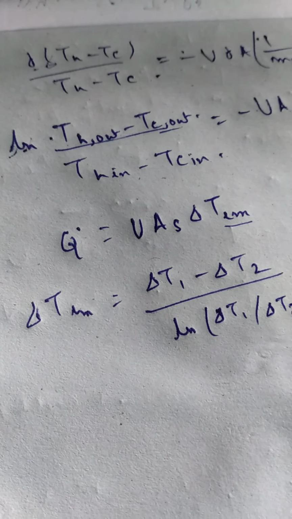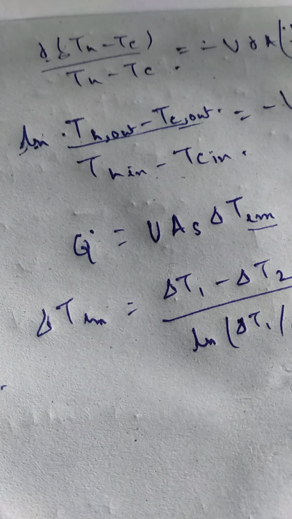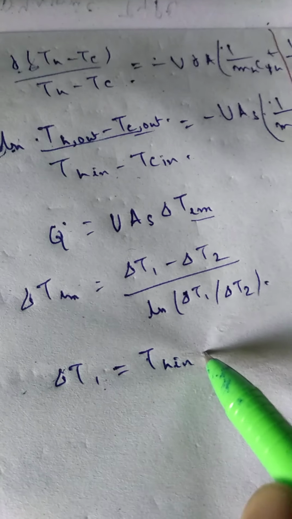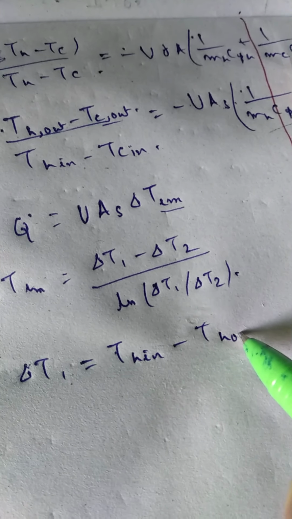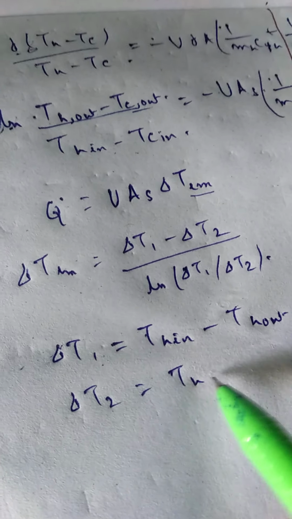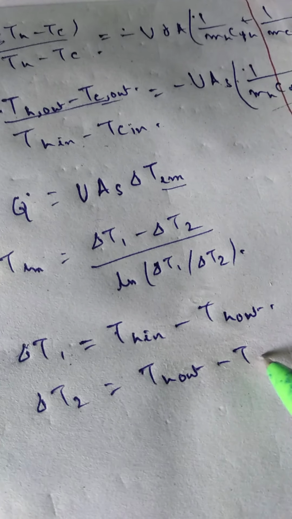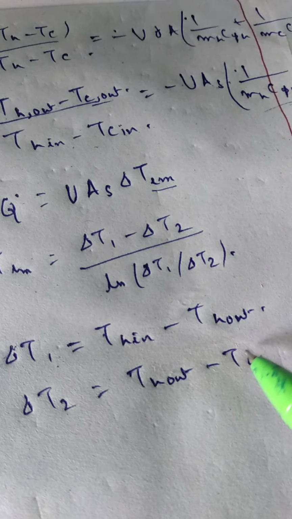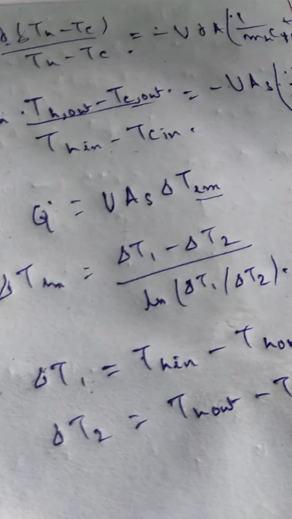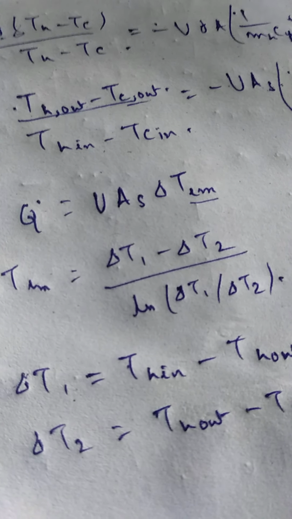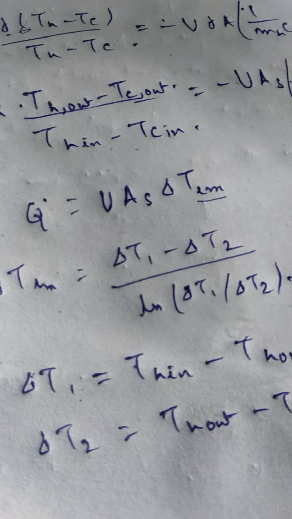That is, delta T1 will be the difference of temperature between the hot fluid and the cold fluid at the inlet, Th in minus Tc in, and delta T2 will be Th out minus Tc out.